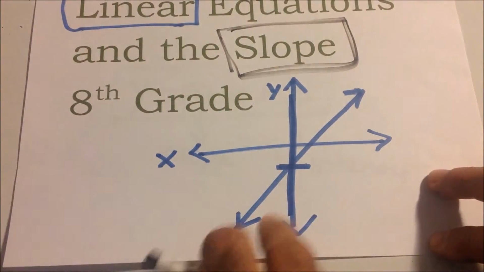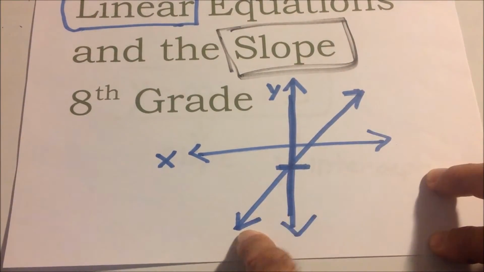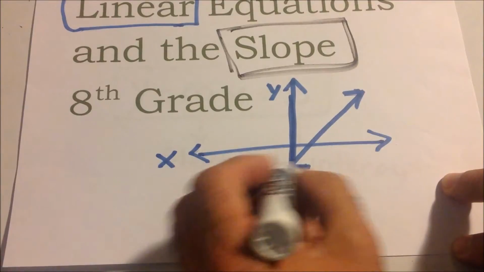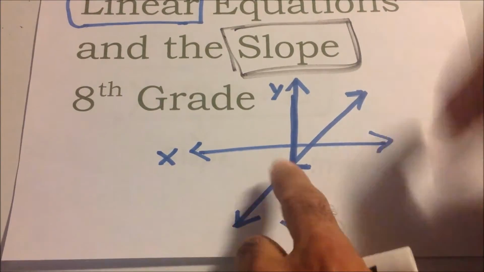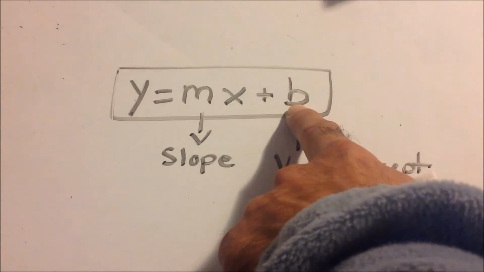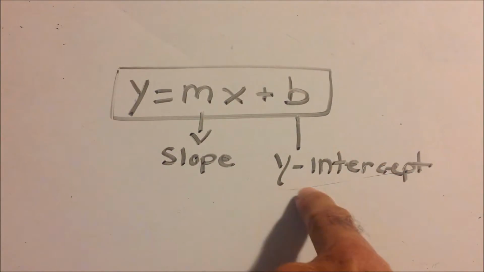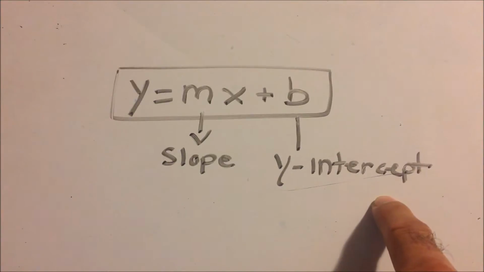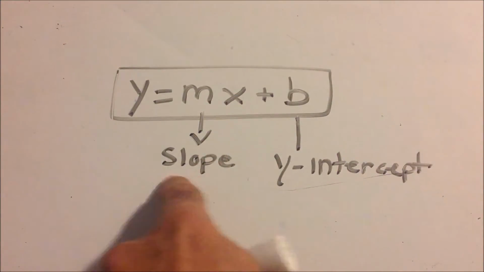So on this line, wherever it crosses is the y-intercept. In this case, it crossed at -1, so B would be -1. Again, where the line crosses the y-axis is the y-intercept, and how steep the line is is the slope.